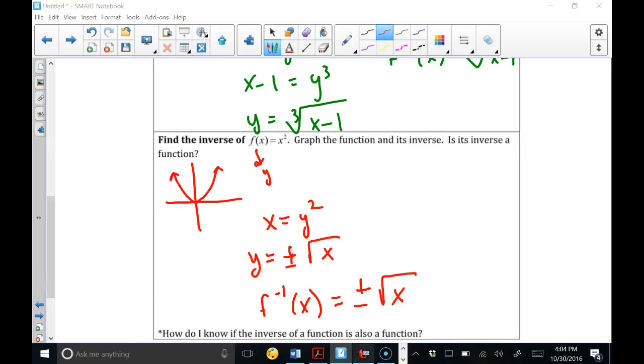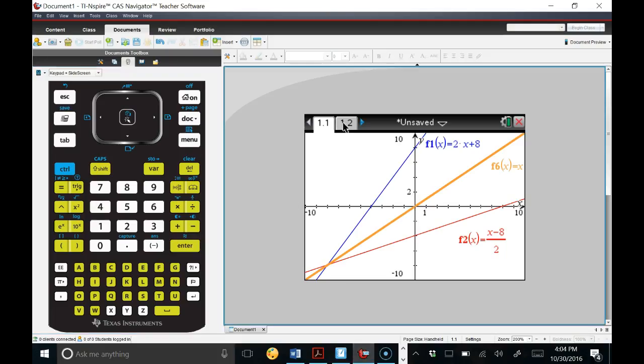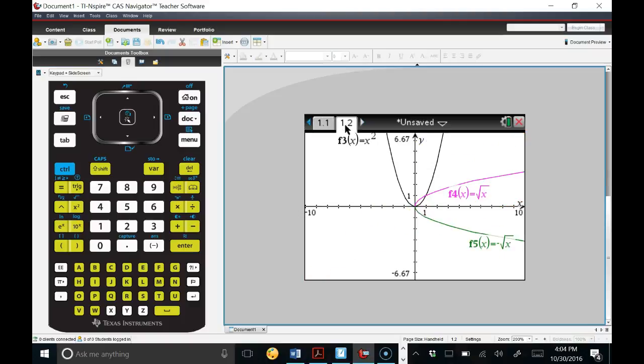With that said, I want you to look at this picture on the next page. This is my original function, in black. The radical x is in pink. The negative radical x is in green. I want you to notice here that this inverse is not a function. I can definitely see that it would not pass a vertical line test.